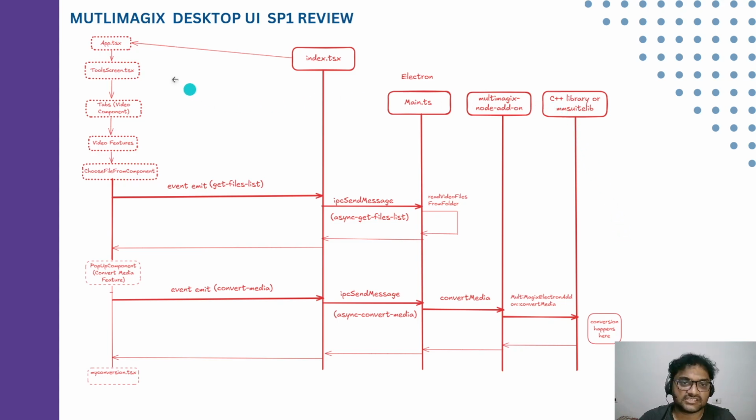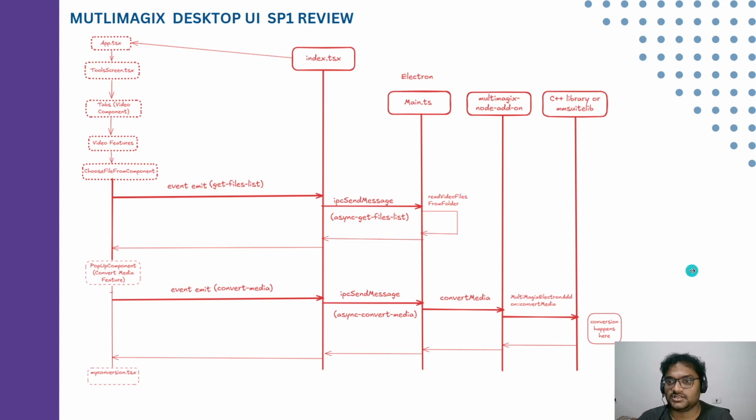In that case the choose file from component is not loaded, because we already chose the file from the file screen, and after coming into the video features it directly goes to the pop-up. The choose file from component is skipped. That is just a minor change, that is self-understandable, so that's the reason I didn't draw the entire flow chart.